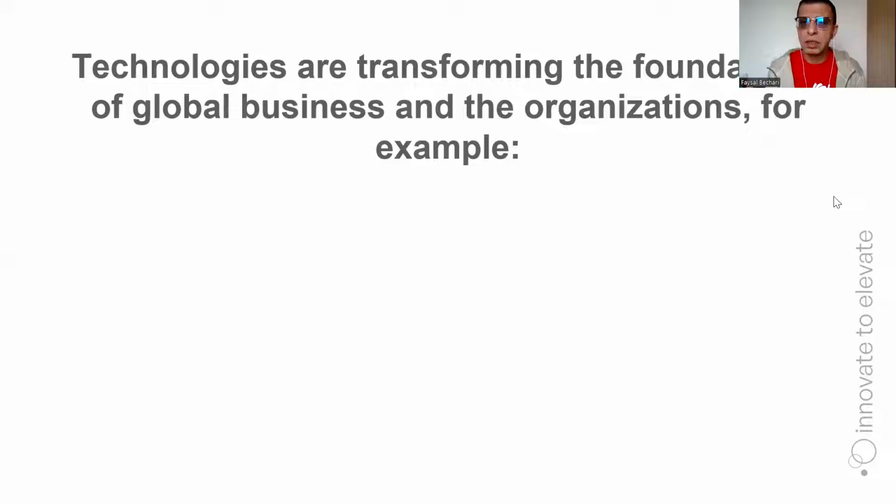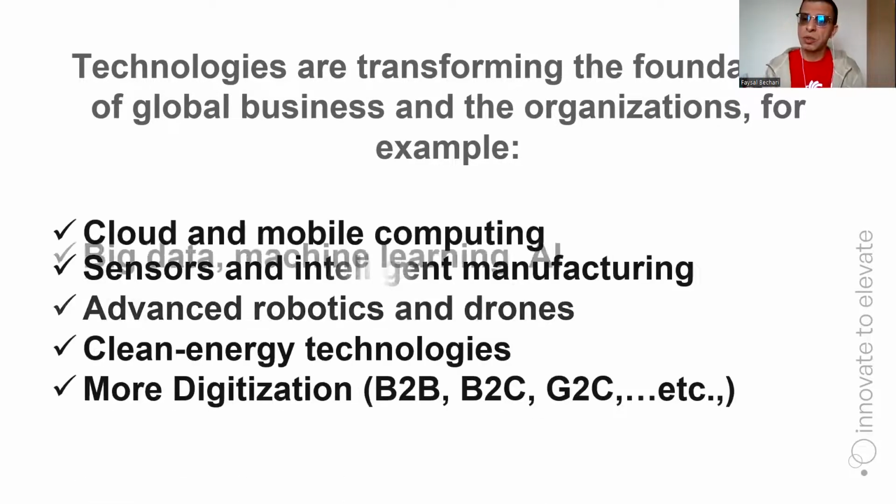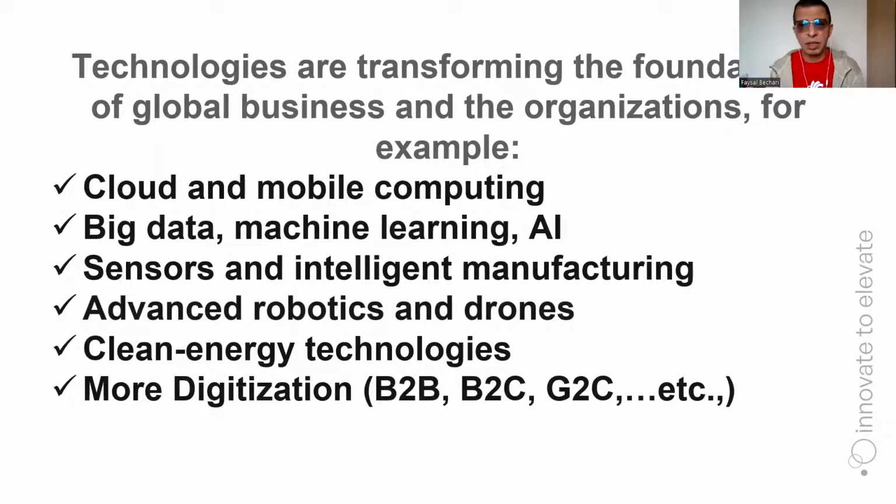So the situation is basically that technologies are transforming the foundation of global business, even local business and organizations. And how it does that is because of issues like these. In the last 2, 3 years, we heard of cloud and mobile computing. We heard of big data management, big data engineering, machine learning, artificial intelligence.